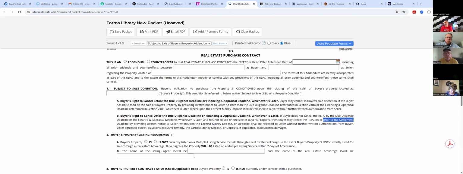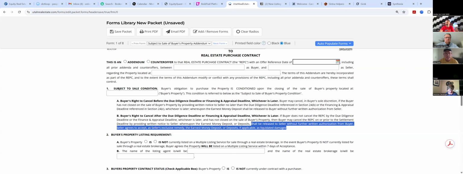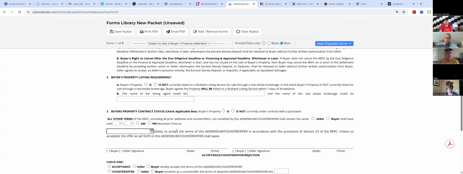They could cancel by 4 p.m. And what they've said is, hey, we canceled prior to the settlement deadline or on that deadline. And therefore, the only remedy you have available, rather than suing us for anything else, is getting our earnest money, right? We know we're losing that. We're giving that up without a fight. But in exchange, you can't try to sue us for anything else beyond that. All right. So that's that section.